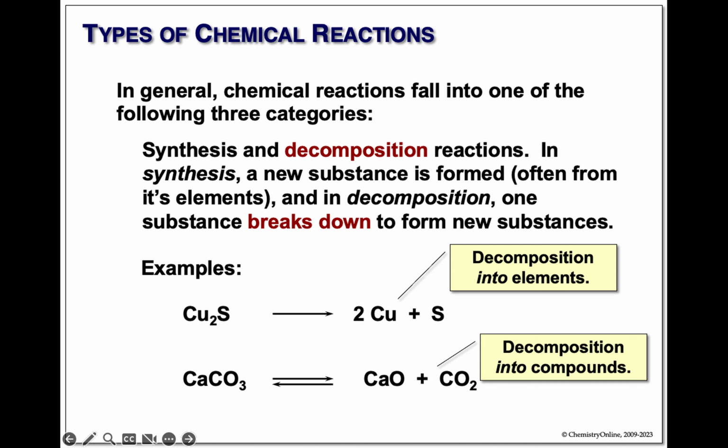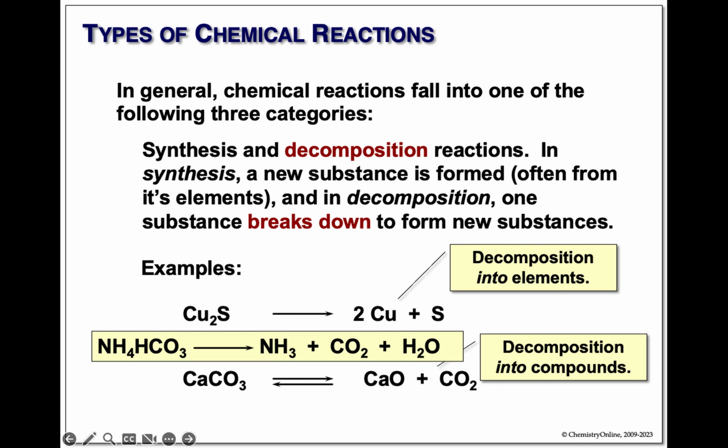That's how you make cement. We did something like this in lab. We took ammonium hydrogen carbonate, heated it up, got ammonia, CO2, and water, and smelled this stuff very carefully. Decomposition into compounds. Any questions?